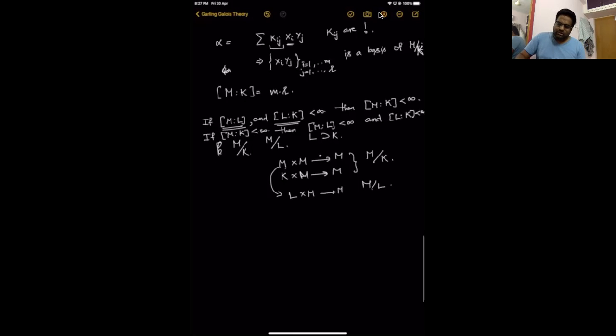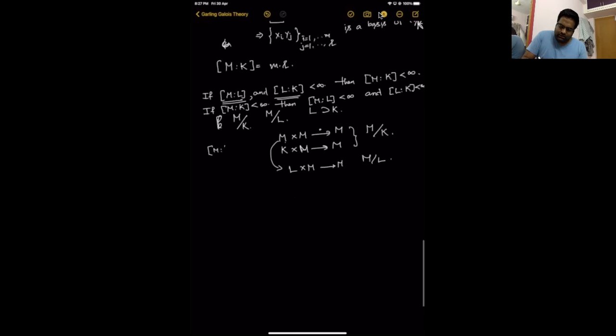All right. So if M over K is finite, that means there exist, let us say, m number of elements, such that each and every element of capital M can be written as a unique linear combination of, let us say, z1 up to zm: k1 z1 up to km zm.